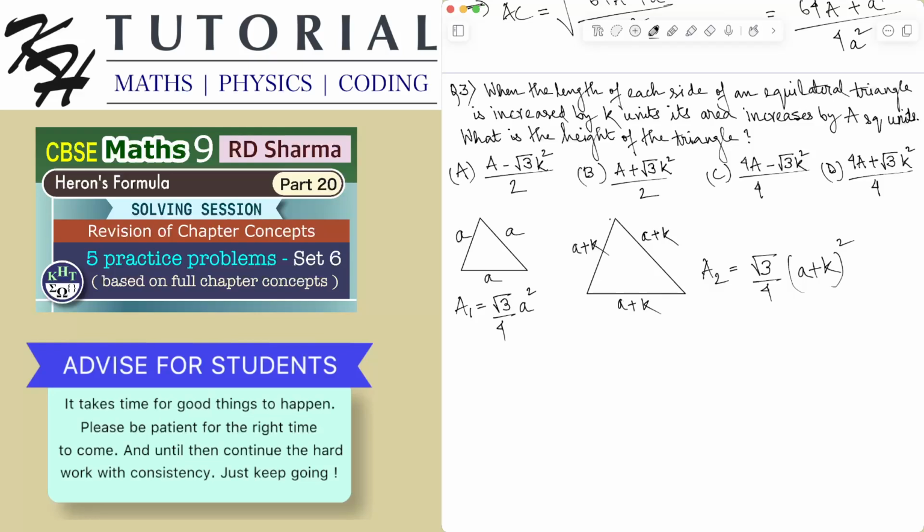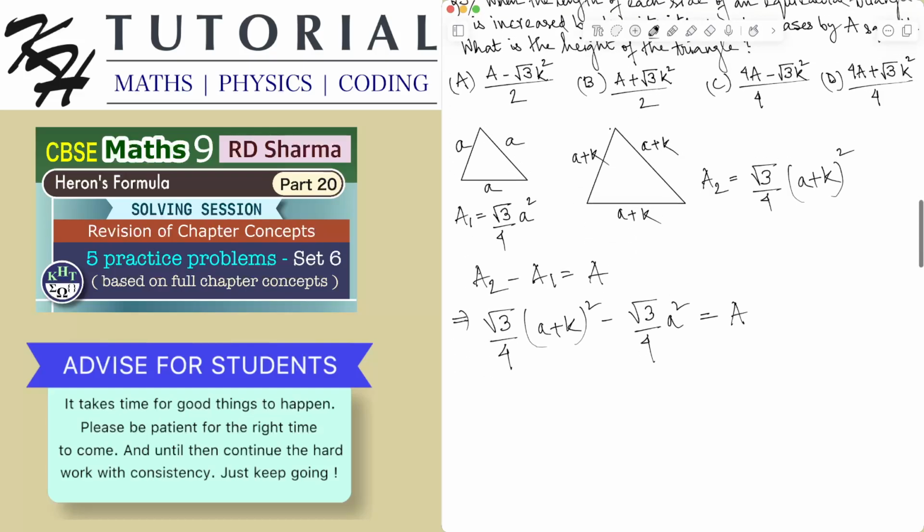Now it is given that the area increases by a square units, which means that A2 minus A1 is equal to a. So this implies square root of 3 divided by 4 (a plus k) square minus square root of 3 divided by 4 a square is equal to a.